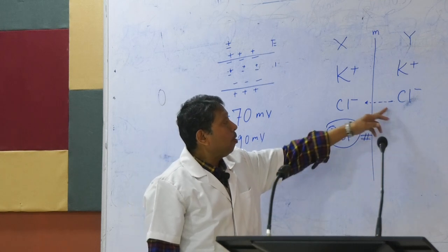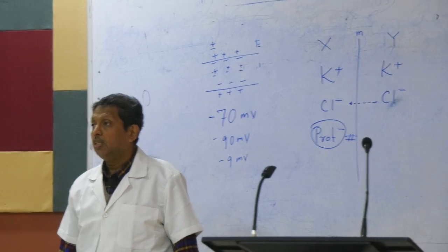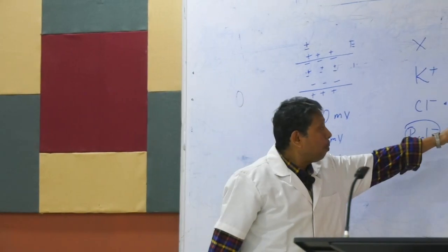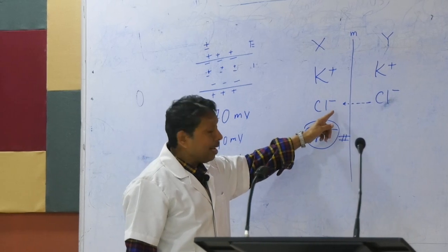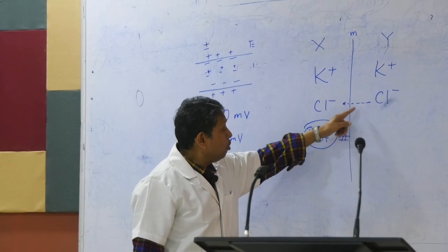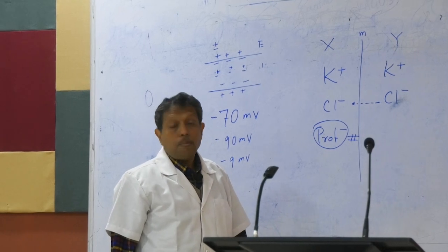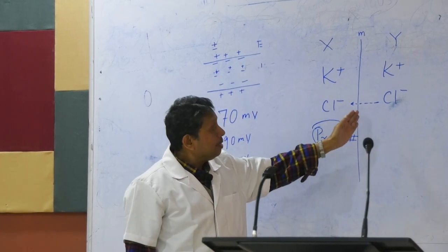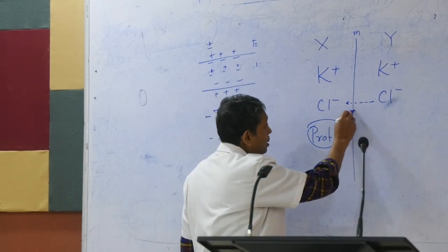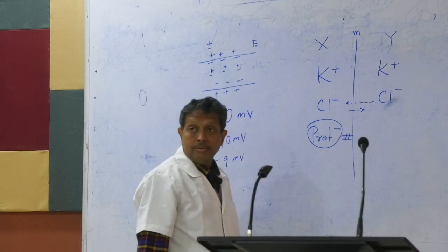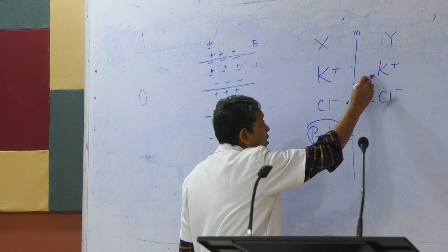Initially you consider only the concentration difference. As the concentration of Y is more than that of compartment X, it will try to diffuse in this way, following the concentration difference. But the electrical activity resists it to some extent. And to maintain electrical neutrality, some potassium ions also move.